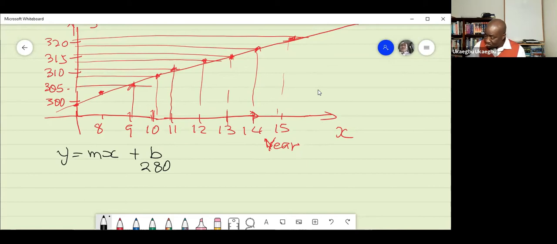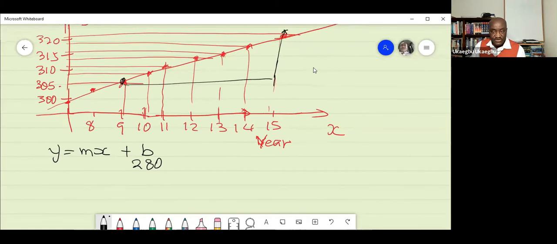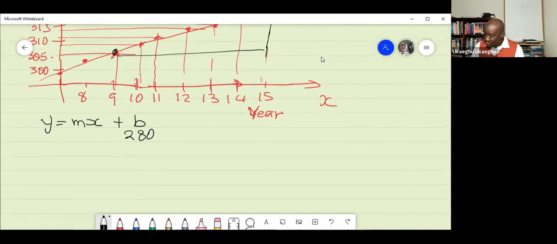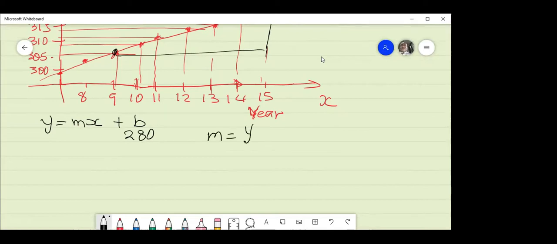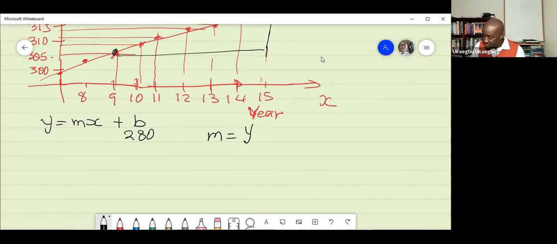And then the slope. So all you need to do is pick 2 points, probably this and this, and then you determine your slope. How do you determine a slope? By using the slope formula, which is m equal to y2 minus y1 divided by x2 minus x1.